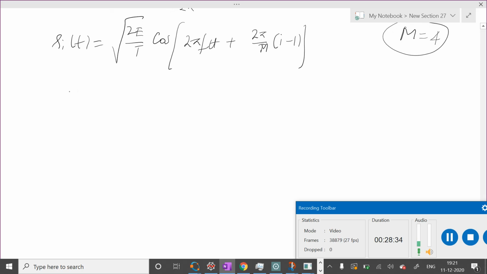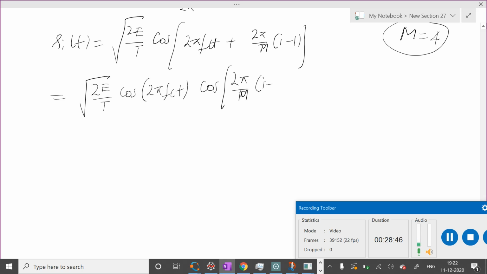Now we can use cos(a+b), so root(2E/T) cos(2 pi fc t) cos(2 pi/M (i-1)) minus root(2E/T) sin(2 pi fc t) sin(2 pi/M (i-1)).